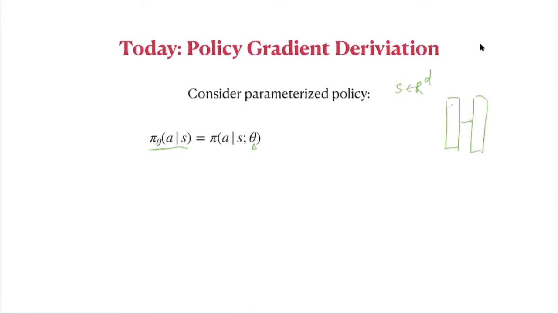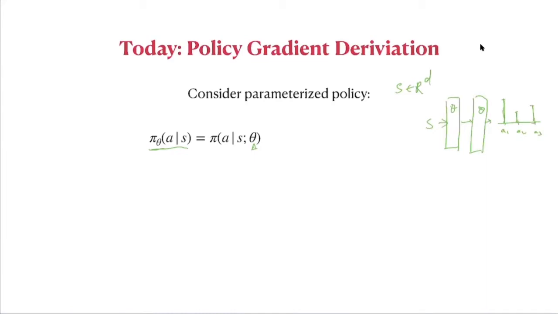These are your parameters, theta. Your input is state s, and your output is a distribution over actions. That's one parameterization.